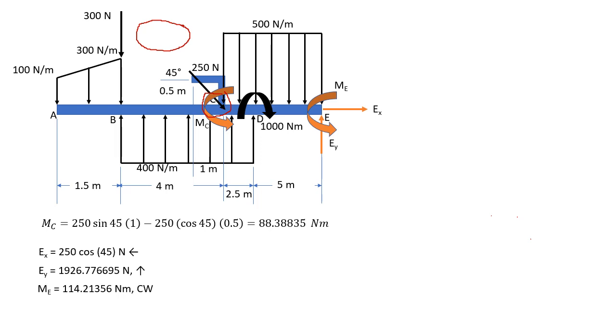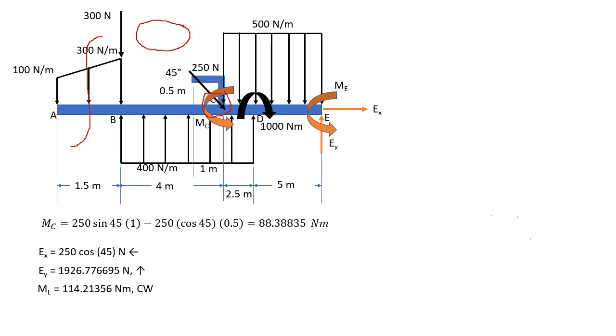Now, after solving for the supports, we will move to sectioning the beam to determine the equations that will give us the shear and the bending moment at each section of the beam. So how many sections will we have in this particular beam? From A to B, that is one section.